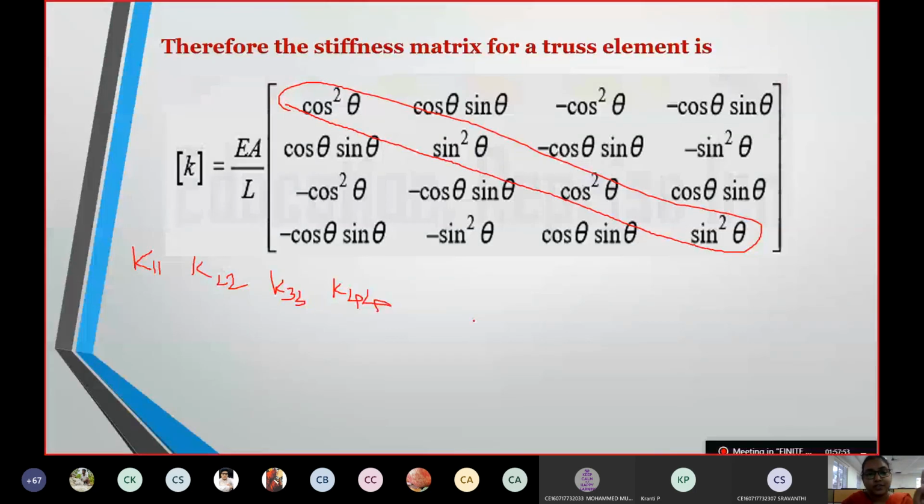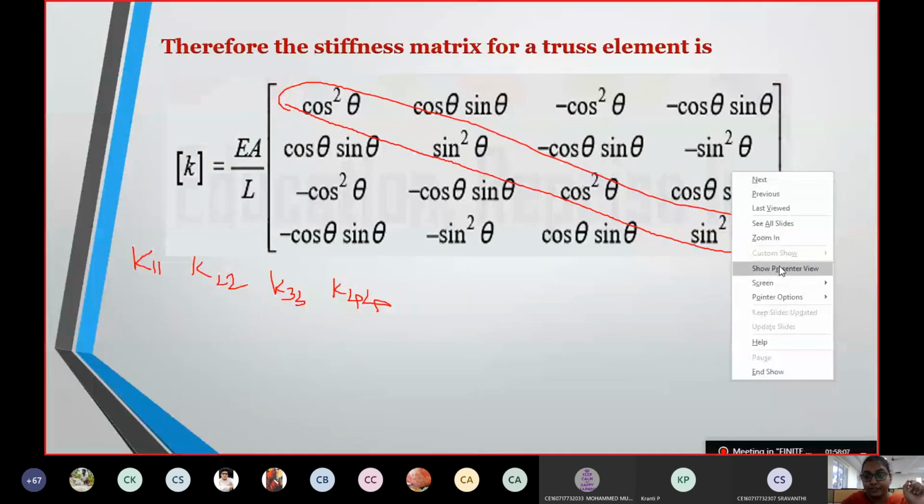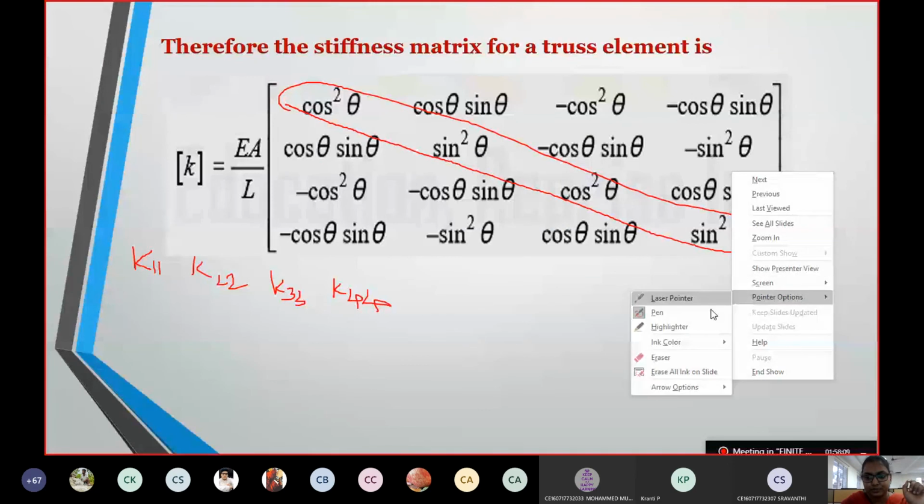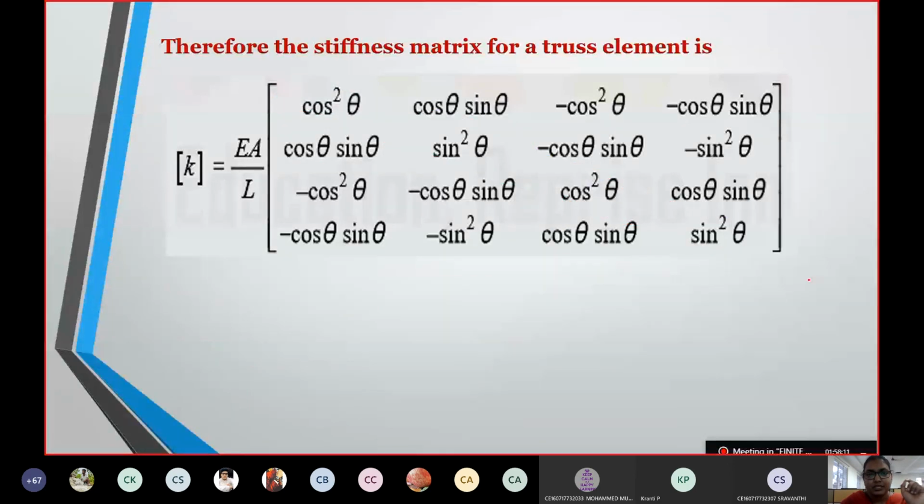That is where the displacement is applied and where we are expecting to find out the force. At that point, if you are trying to find out the force, it would be positive always. You have to remember. You can make a note of this. Diagonal elements of a stiffness matrix are always positive.